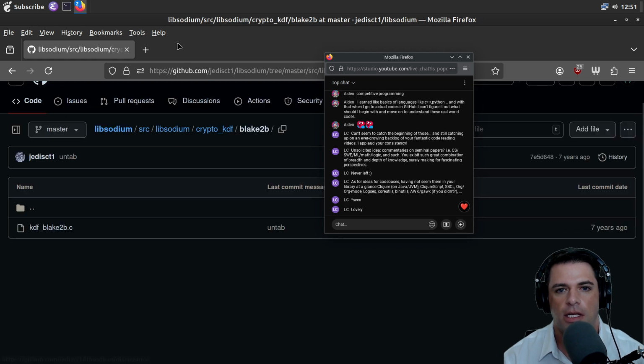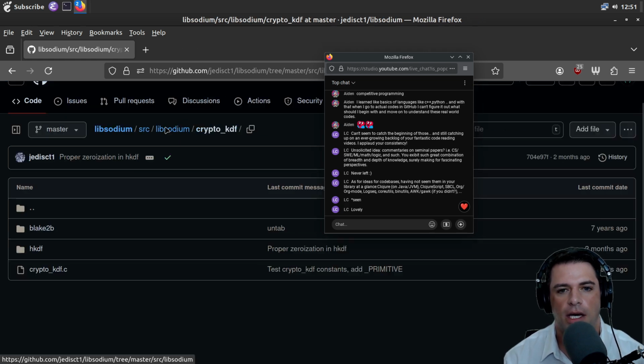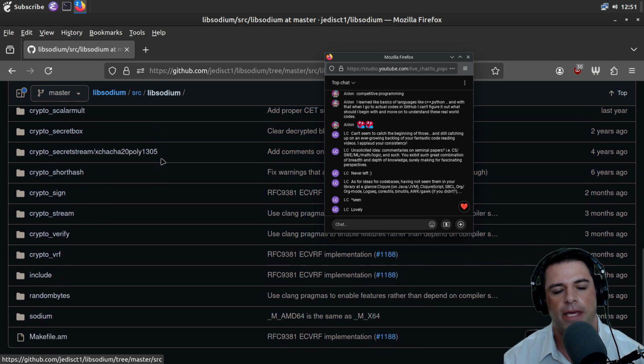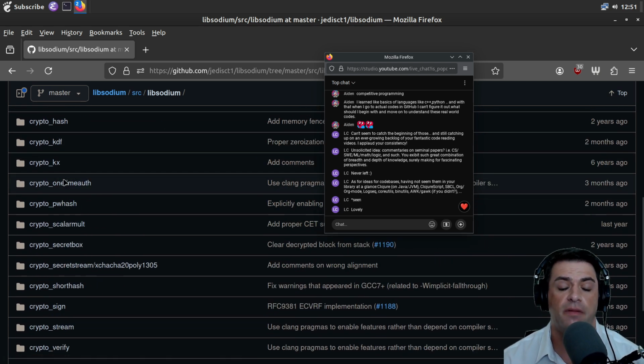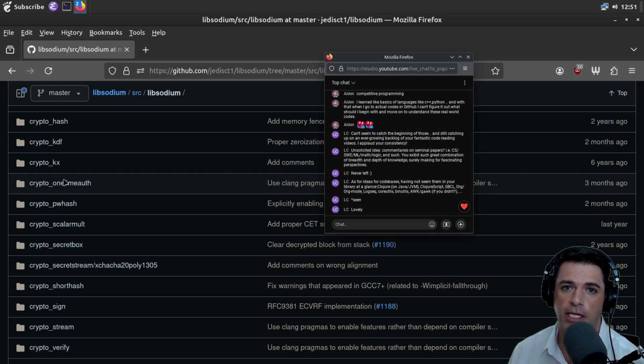The other thing that's hard about the crypto algorithms is you want them to be fast. So often they're written in plain C, and they're often doing things like working with raw pointers. So it can be really hard to figure out if you have a bug there.